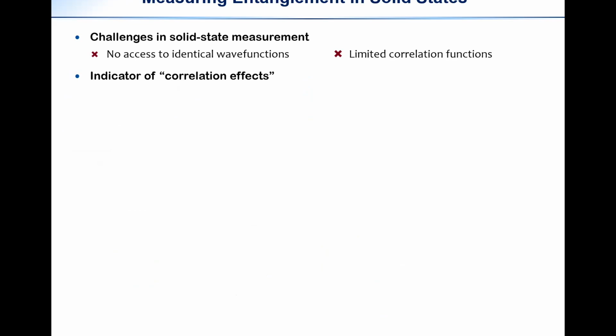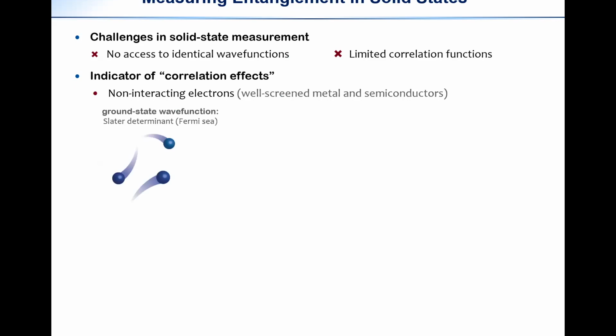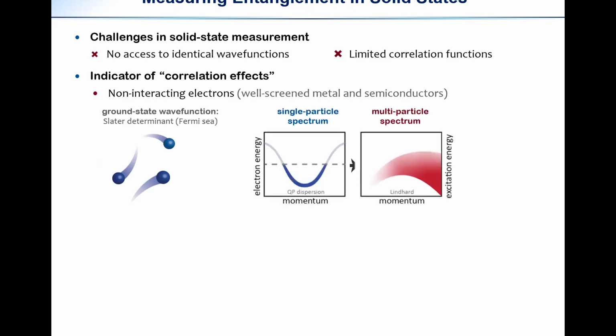This idea has long existed in the field of correlated materials. We usually call it the correlation effect. If you look at a non-entangled, non-interacting system, the ground state wave function is written as a Slater determinant. Then we know that according to Wick's theorem, all the multi-particle response functions can be decomposed into products of the single-particle wave function.